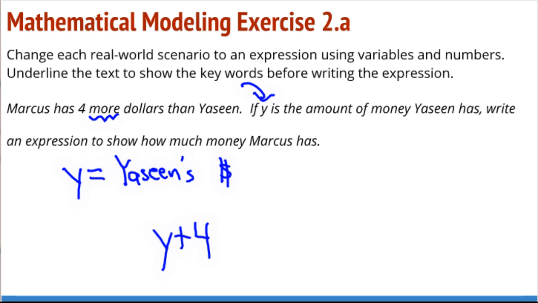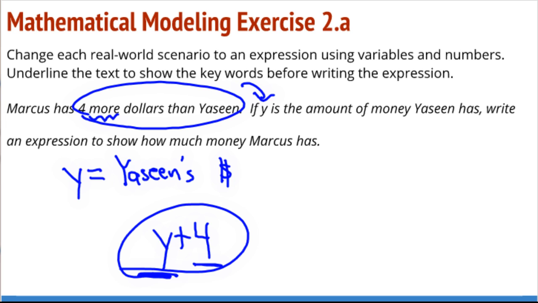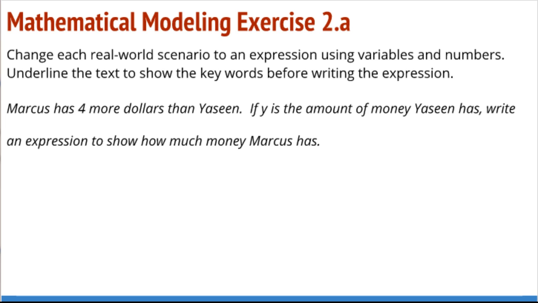So it says in here, Y is the amount of money that Yassine has, and Marcus has 4 more than Yassine. So I'm going to take what Yassine has and add 4, representing a real life situation with an algebraic expression.